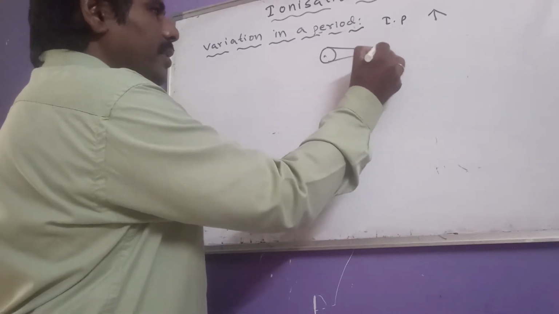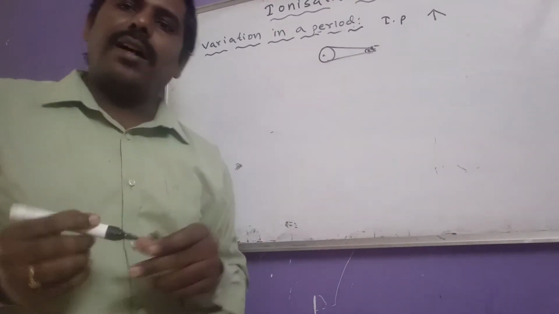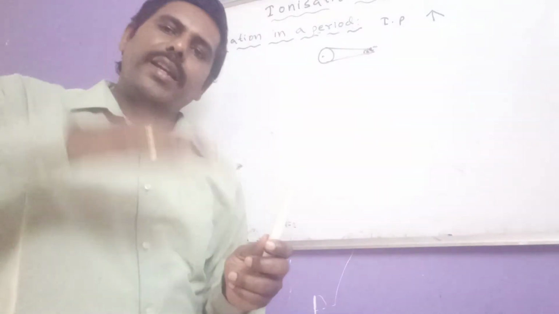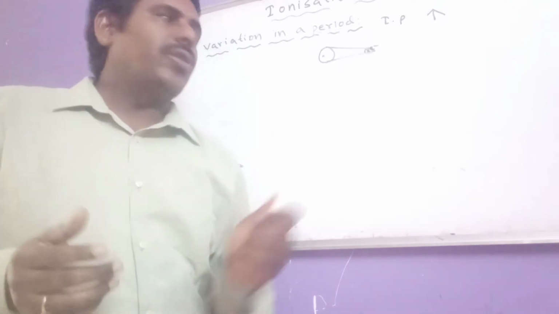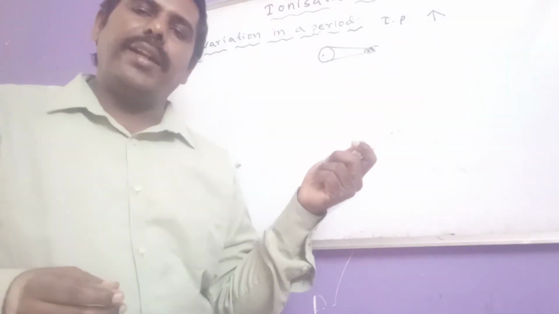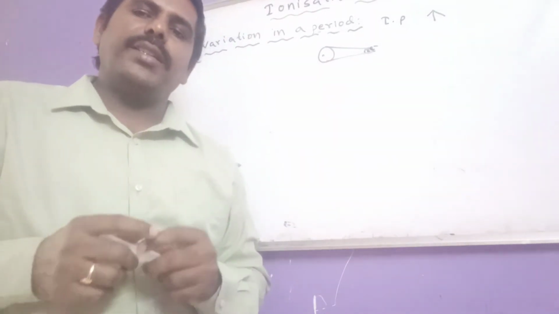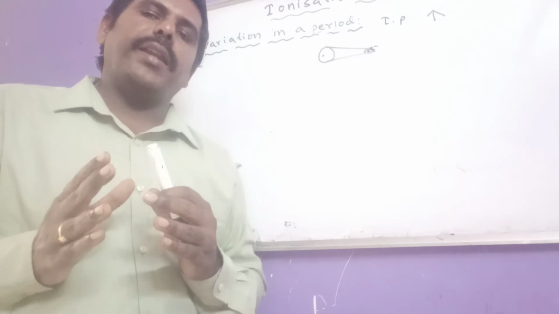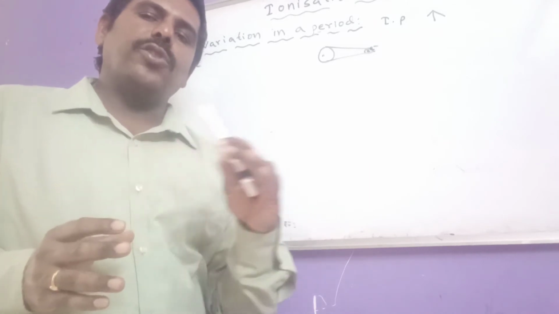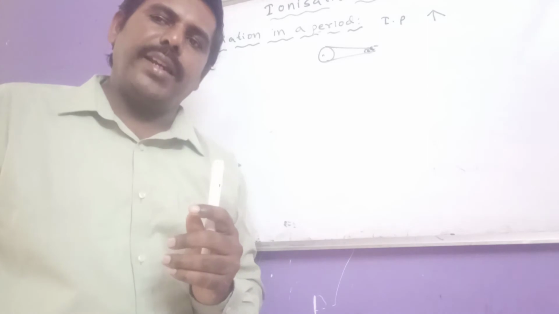As atomic size decreases, nuclear attraction on the outermost electron increases. So we have to provide some extra energy to remove that electron. Like that, in a particular period from left to right, ionization potential increases.